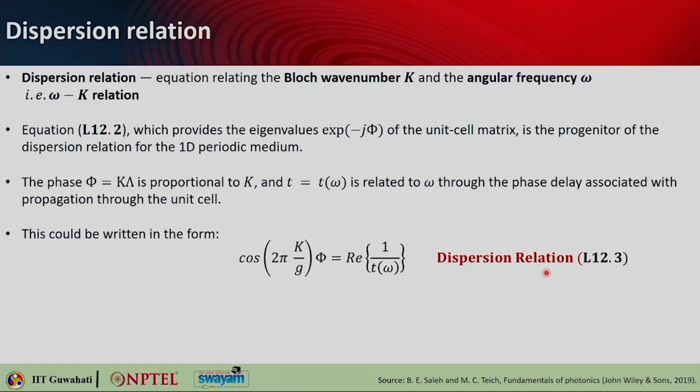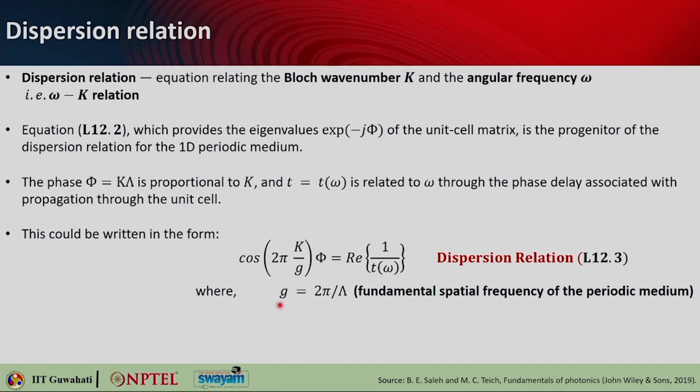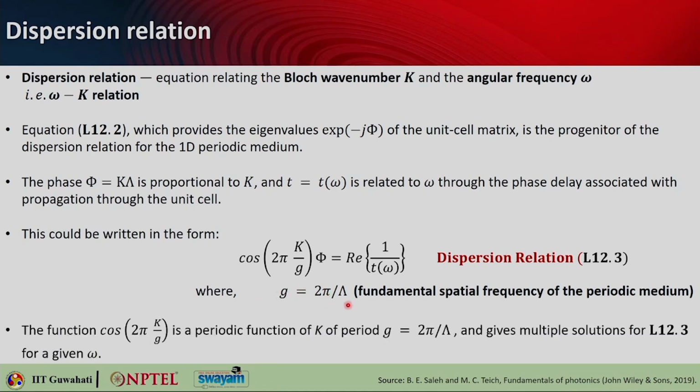Now, the question arises, what is G here? G is basically the fundamental spatial frequency of the periodic medium. So, what is the period? The period is capital lambda, so G will be 2 pi over capital lambda, right. This particular function that you see on the left side, cos 2 pi k over G, is nothing but a periodic function of k, which has a period of G, okay.